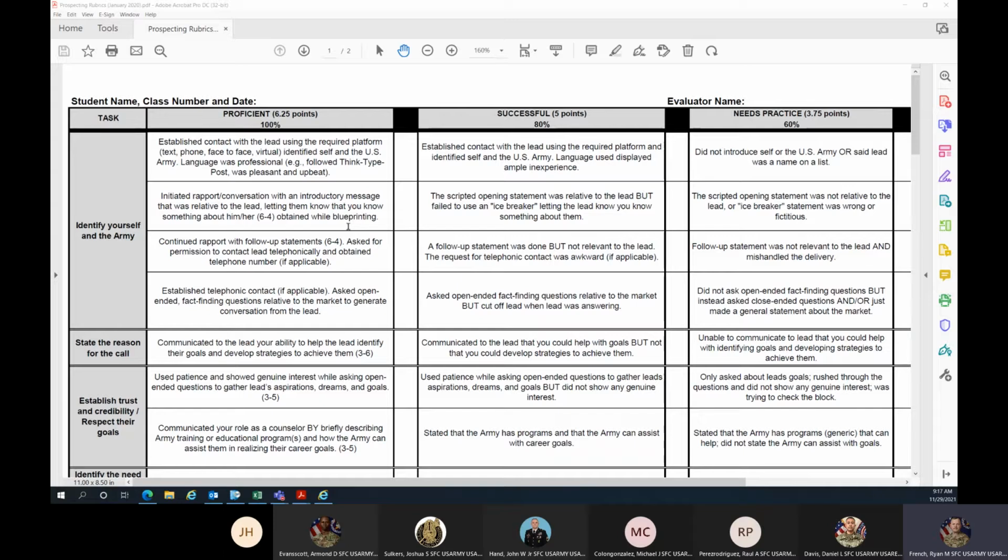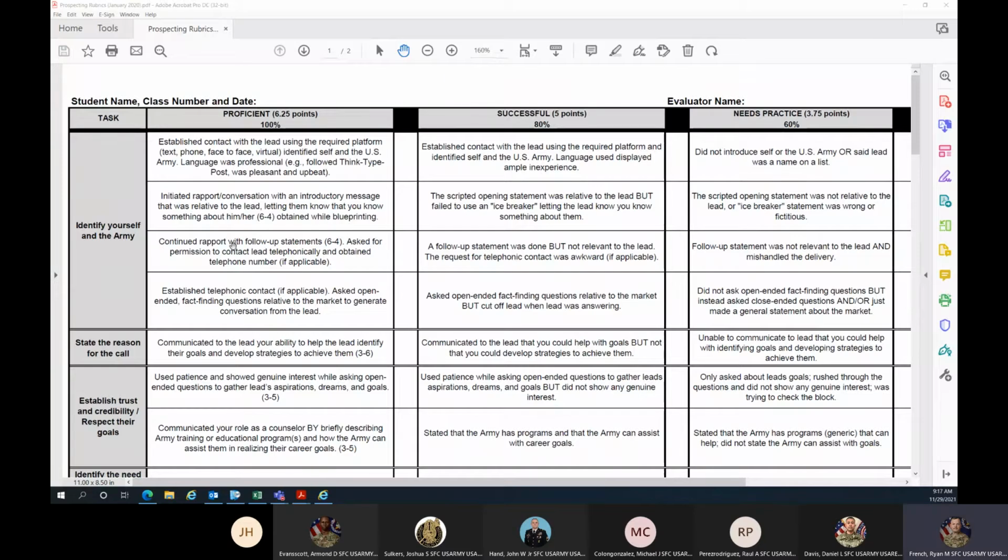Congratulations on making it this far. Not everyone is able to get there. That is initiating rapport and conversation. It's relative to the lead and it lets them know that you know something about them that you obtained while blueprinting. You can use whatever icebreaker you want, but you have to hit those key parts to get 100%.